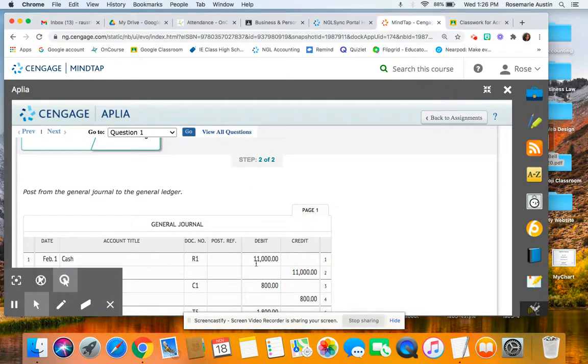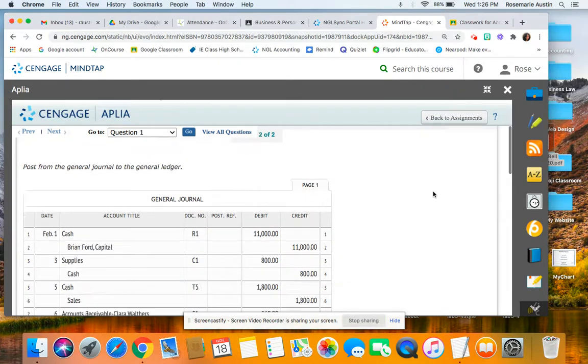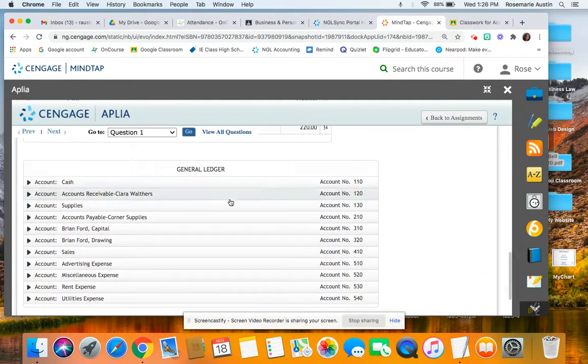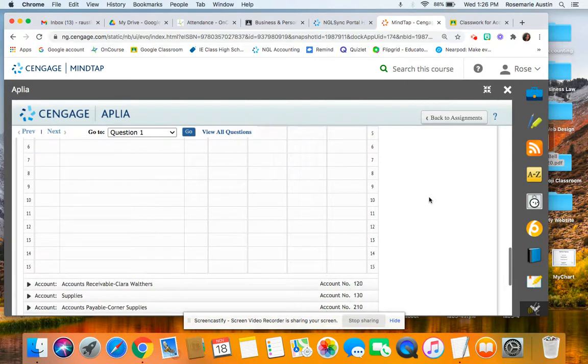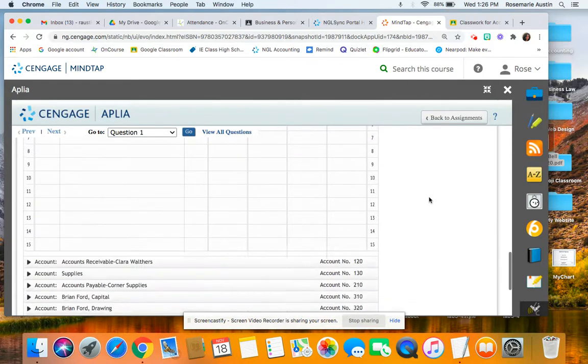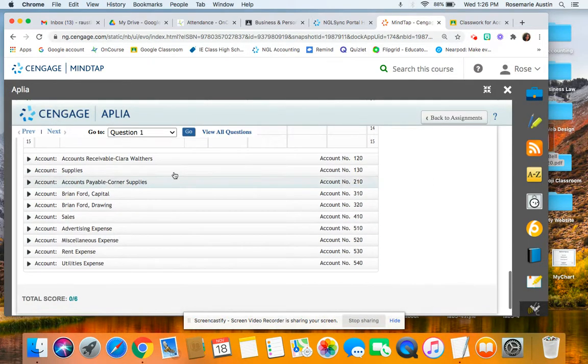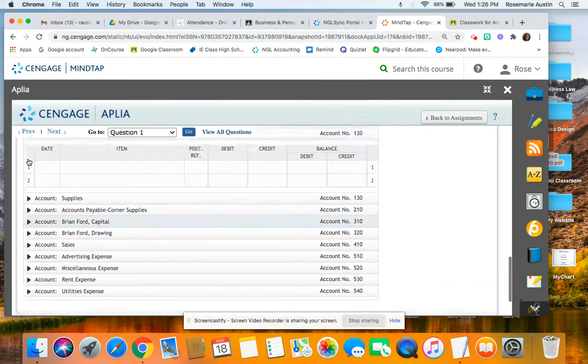I'm going to probably just do the posting for the cash general ledger at this point in time, and then I'll stop because that looks like a lot of cash transactions. There's 15 of them. So I'll do that one and then stop. Then let me look at these other ones.